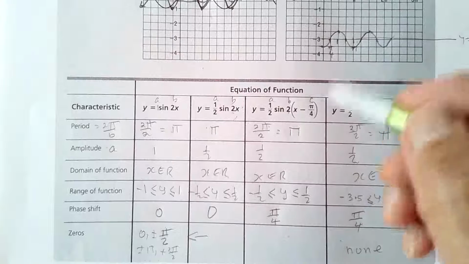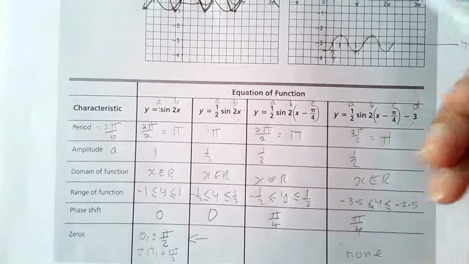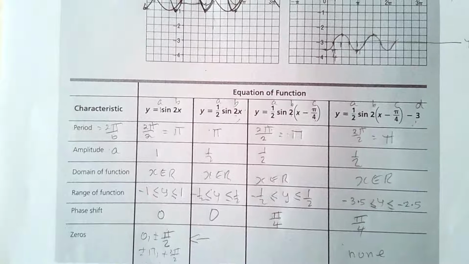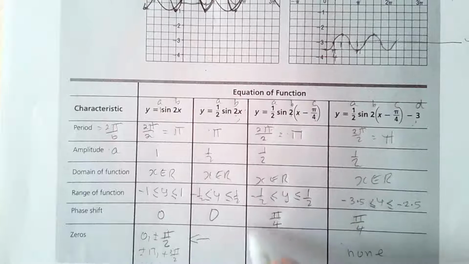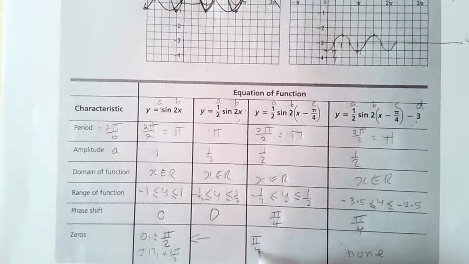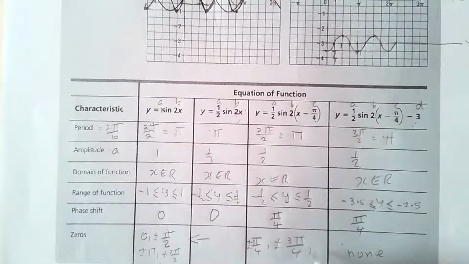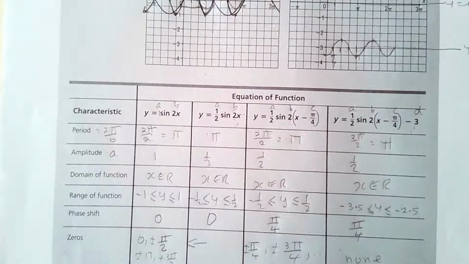But in this case here, we have our zeros. If you go back to our original graph, our zeros were pi/4, right, plus or minus, and we have plus or minus 3 pi over 4, etc. Continues.